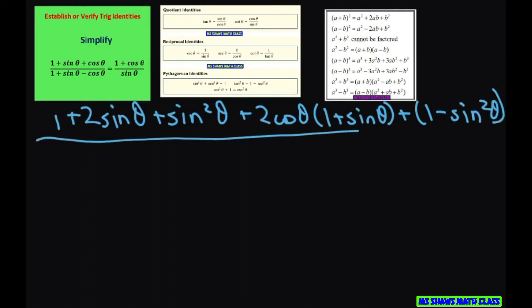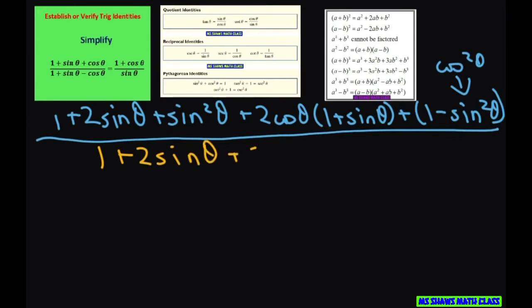And do the same thing for the denominator. So this before was our cosine squared. Now for the denominator, do the same thing. I'm writing exactly what I had before. But I subtract the cosine squared. So that's 1 minus sine squared of theta.